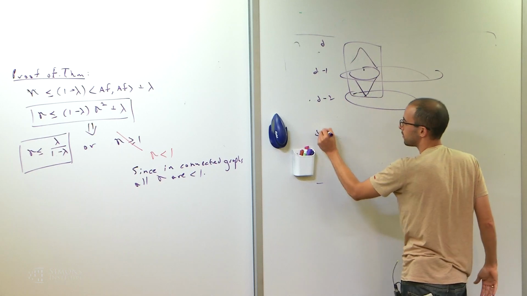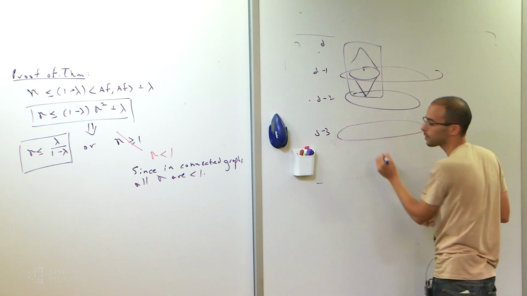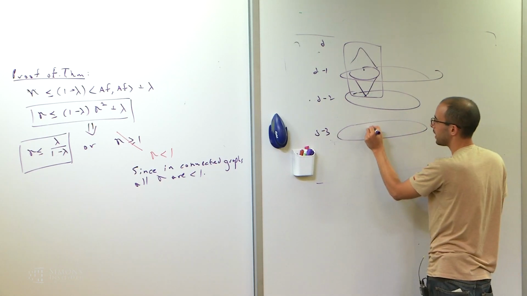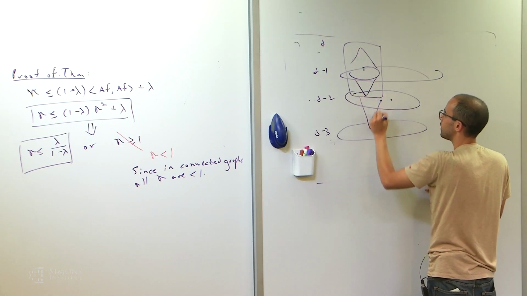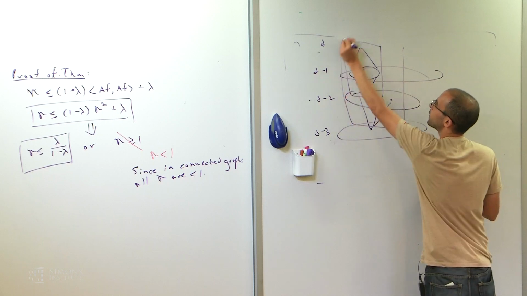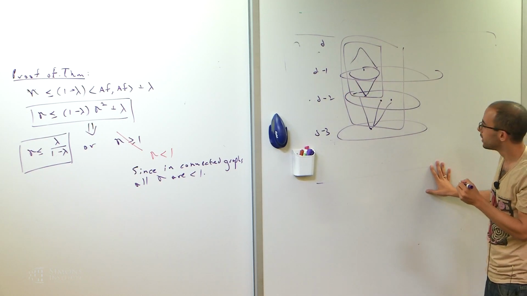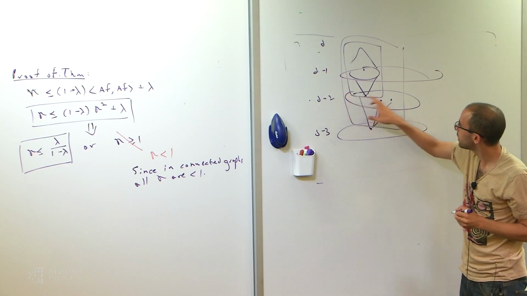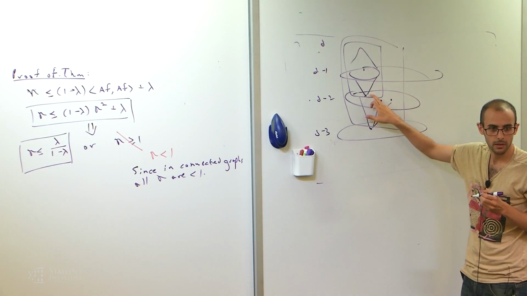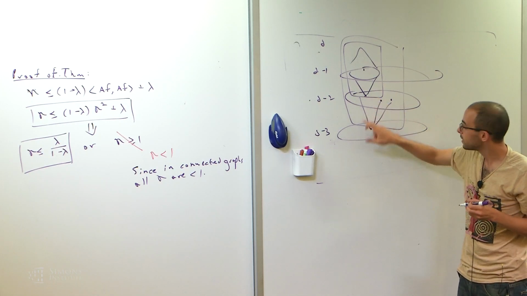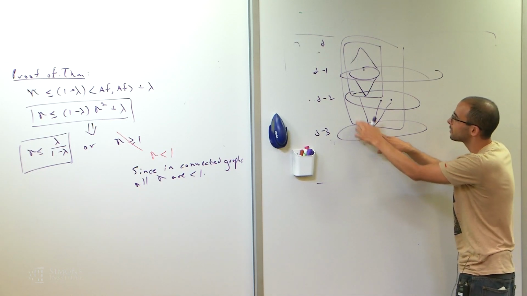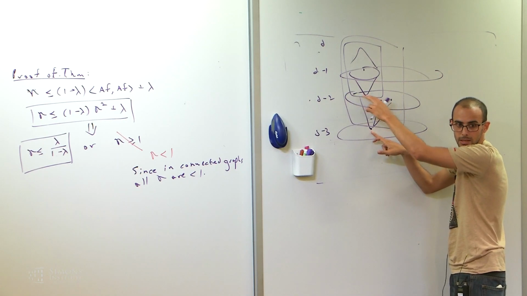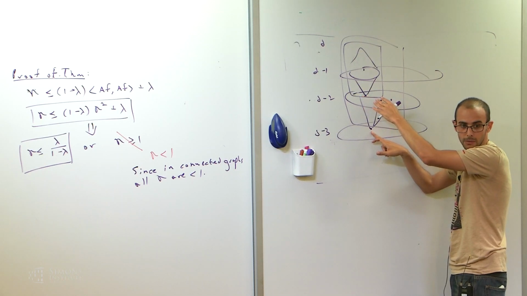So if I look at the d minus 3 level, its link is actually everything that's drawn above. So if I know that all the links in the d minus 2 levels are very expanding, then when I look at somebody in the d minus 3 level, I know that all its vertex links, which are just these guys, are very good expanders.